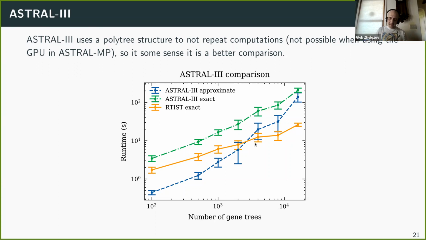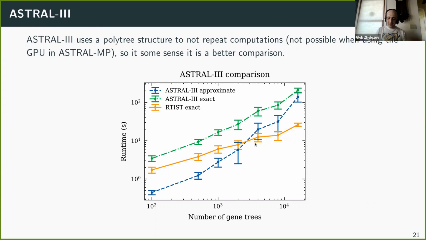You can see here, this is for lambda equals 1. You can see here that RTIST still has better complexity. I guess I didn't record it on the slides, but it's not quite as dramatic, right? I mean, just in the eyeball metric, you can see the slopes are a little bit different.